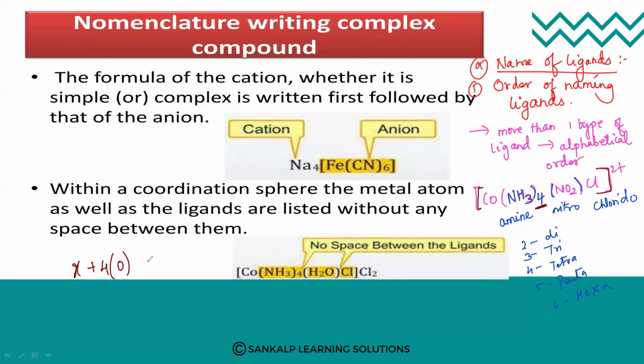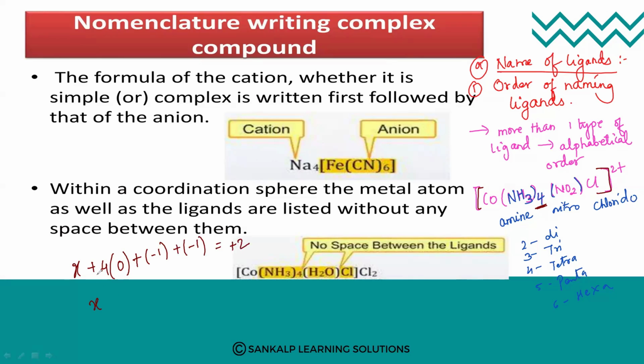Nitro is -1, so write it as minus, and chlorido is also -1, equals to 2.